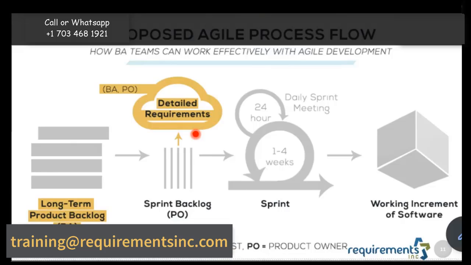Because sometimes your customer has a priority that, I need this particular part done first, then there has to be some compromise somewhere on their end that they cannot have everything done in a 2-week period of time.